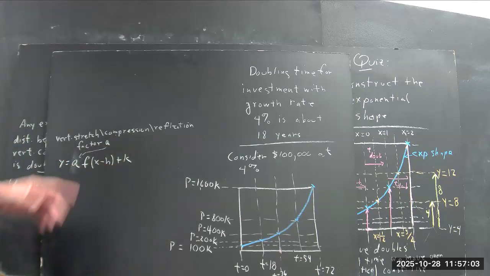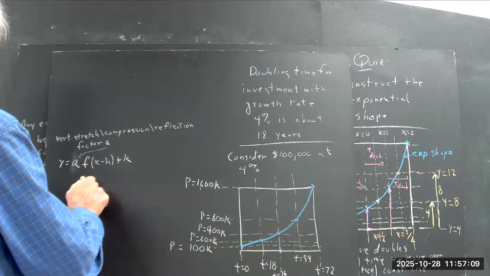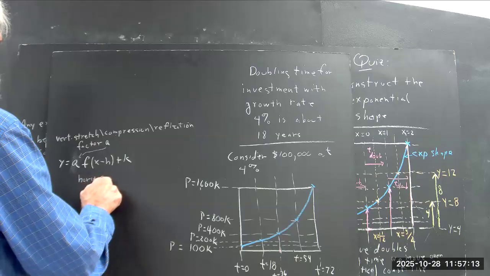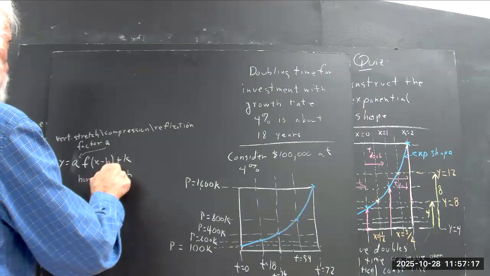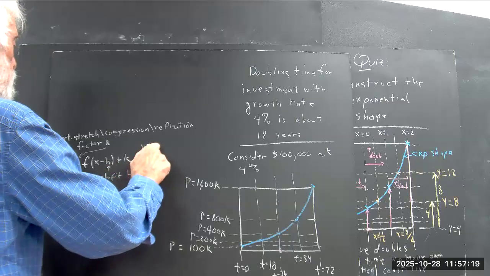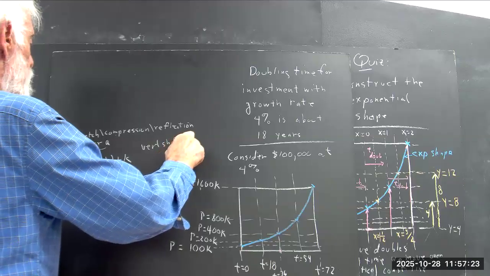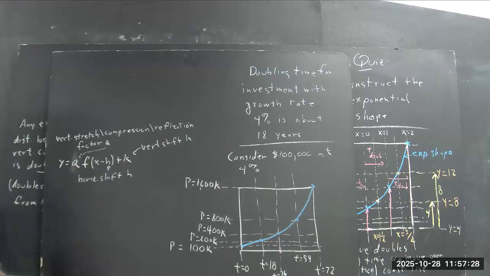A is our vertical stretch or compression or reflection factor. Horizontal shift is h. Vertical shift is k.